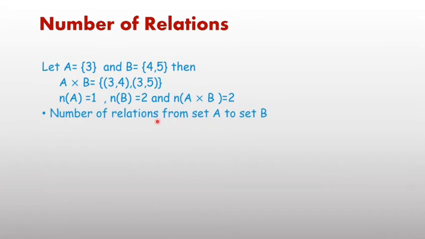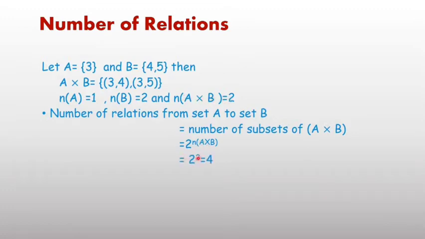Then the number of relations from A to B, apply the formula: number of subsets of A cross B means 2 power n(A cross B). Since the number of elements in A cross B is 2, here 2 power 2, and the value of 2 power 2 is equal to 4.